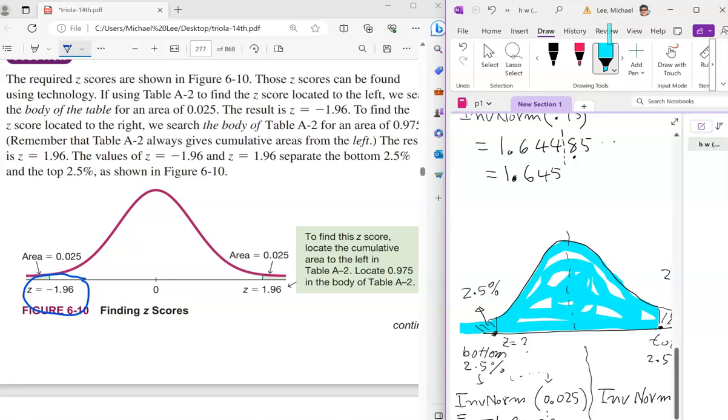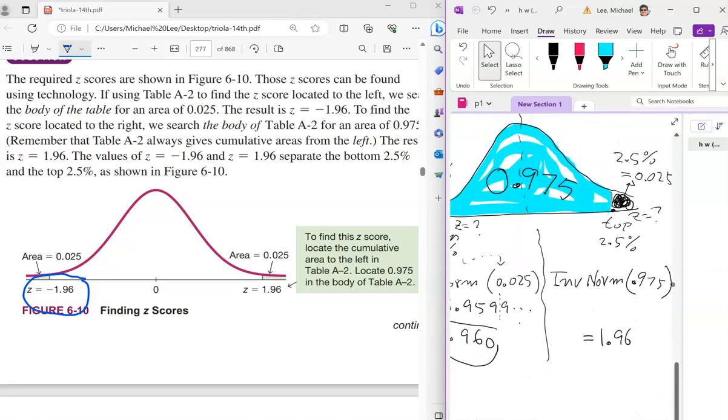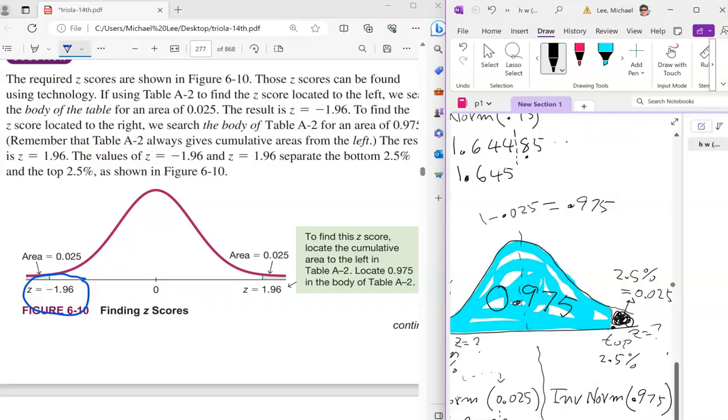What is this area? That area is 1 minus 0.025, because this area is 0.025. This area is 0.025. So 1 minus 0.025 is 0.975. This here is 0.975. So you have to enter that number, 0.975, okay?